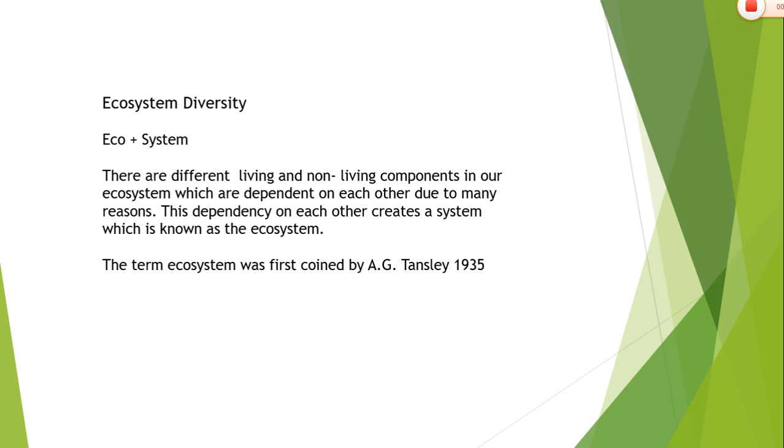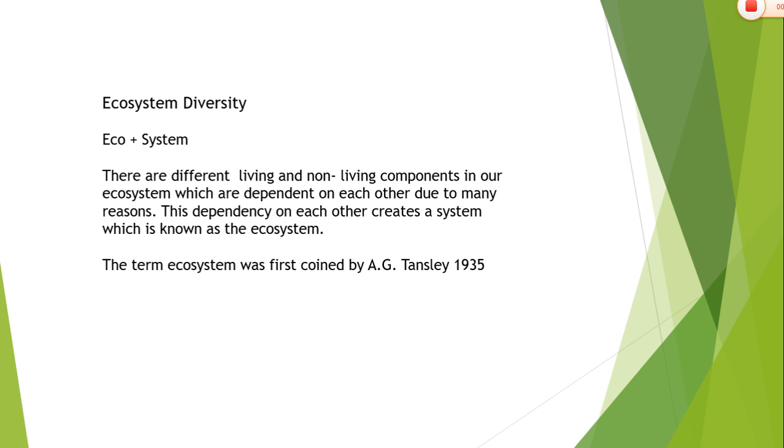Then next, ecosystem diversity. Here, the word ecosystem is divided into two words: first, eco, and second, system. Eco is related to environment and system is an interactive group. An ecosystem is made up of two things: first is living things and the other is non-living things.